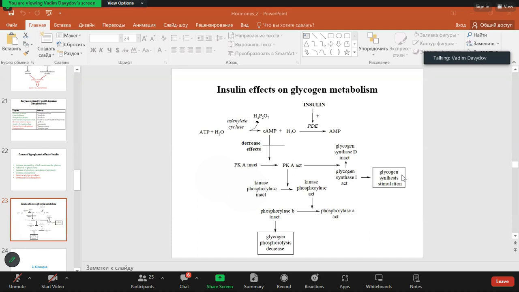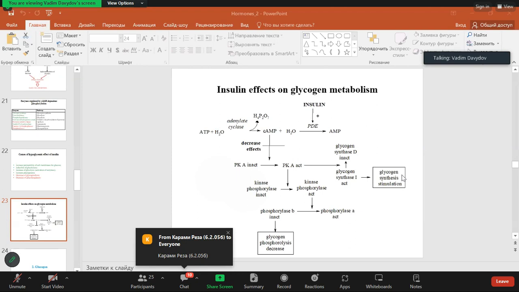Insulin increases catabolism of glucose in glycolysis, which also decreases the concentration of glucose. And insulin increases the pentose phosphate pathway of glucose utilization.